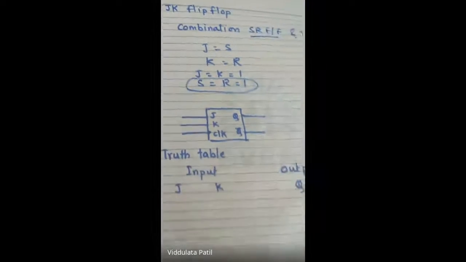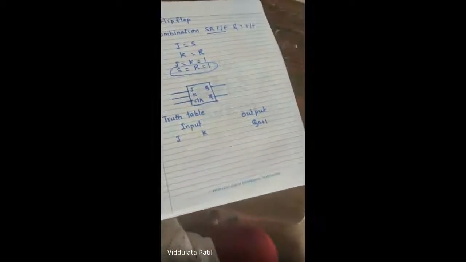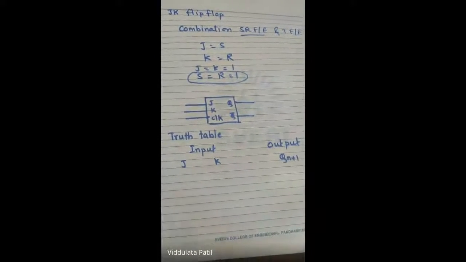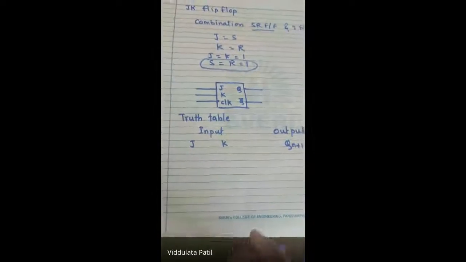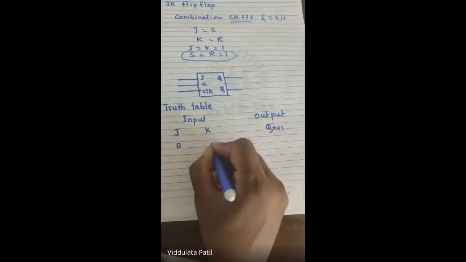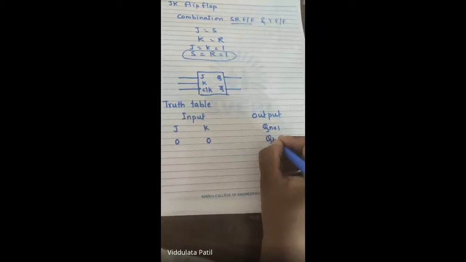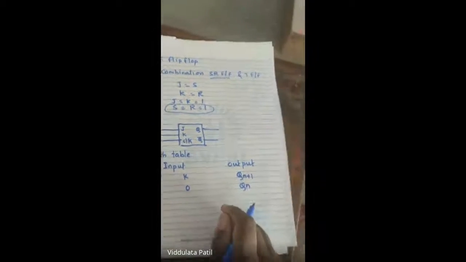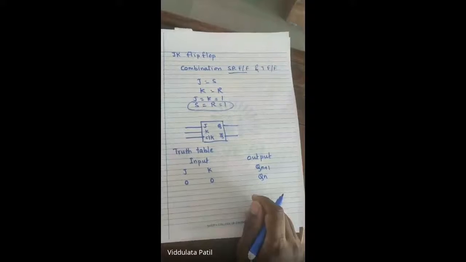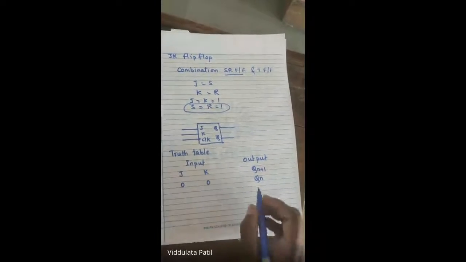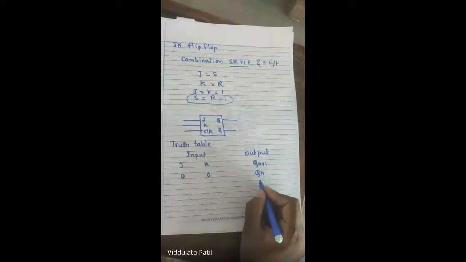So that means Q output in the n plus 1 that we are considering as the output in the present state, and Qn that we are going to consider as the output in the earlier state. So when both inputs, that is J and K, are 0, 0, output that is Qn plus 1, present output, is equal to Qn. That means whatever was the output in the previous state, same output will be present in this state.